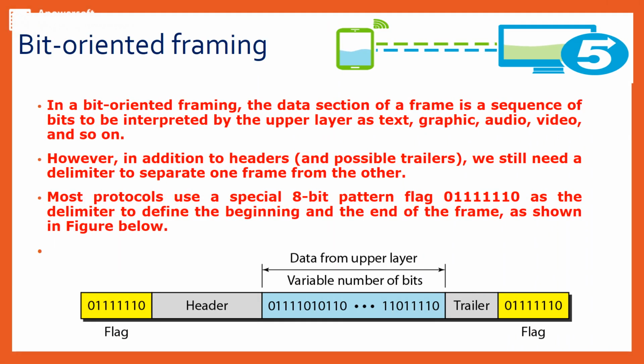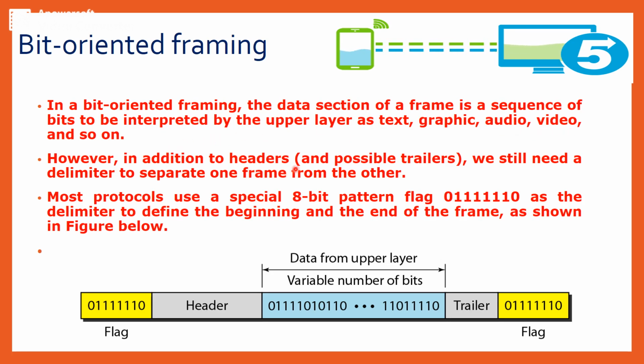The second one is bit oriented framing. In bit oriented framing, the data or information of a frame is a sequence of bits which need to be interpreted by the upper layer as text, graphic, audio, video and so on.